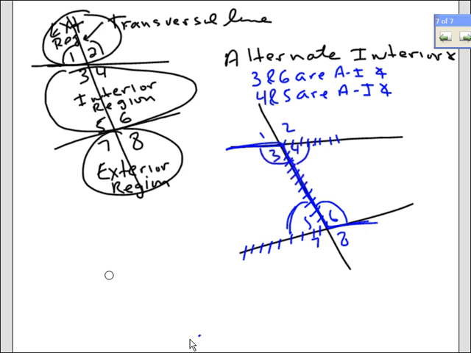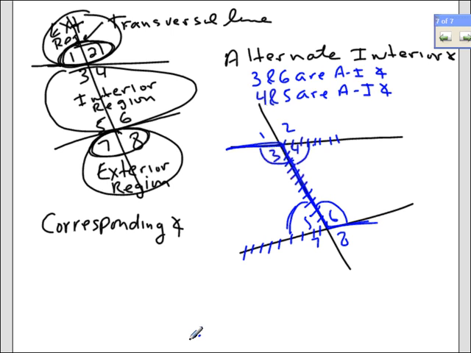Okay, now we want to talk about alternate exterior angles. Now remember, angles 1 and 2 are exterior, and angles 7 and 8 are exterior. Actually, why don't we first talk about corresponding angles?